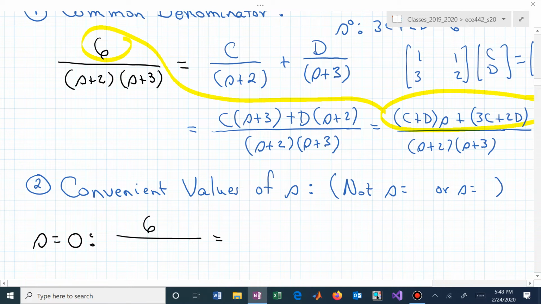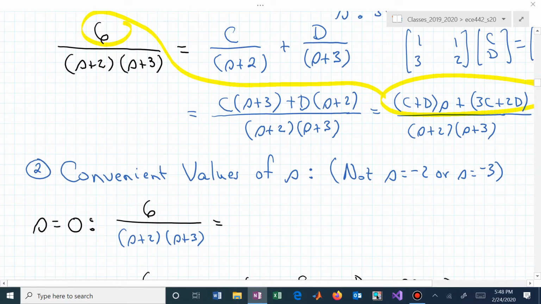Then you would end up with infinity equals infinity, and that doesn't give you any useful information. So if we have 6 over s plus 2, s plus 3, we can't use minus 2 and we can't use minus 3. But we can use 0, since that's not minus 2 or minus 3.